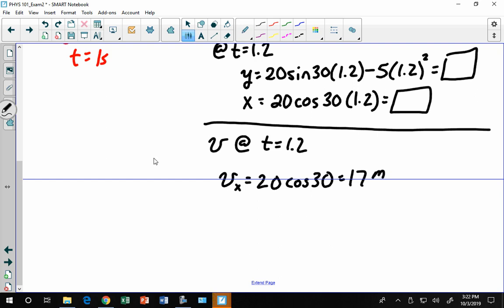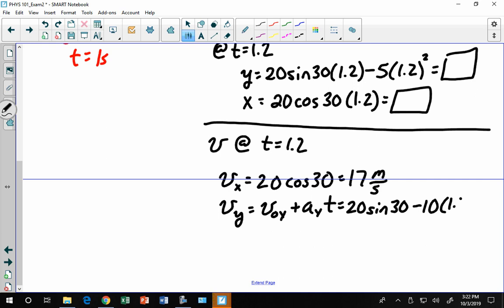And then it has a y component, which is equal to V naught y plus ay t, which is 20 sine 30 minus 10 times 1.2. That's 10 minus 12, negative 2.